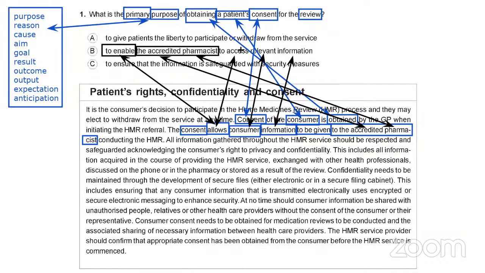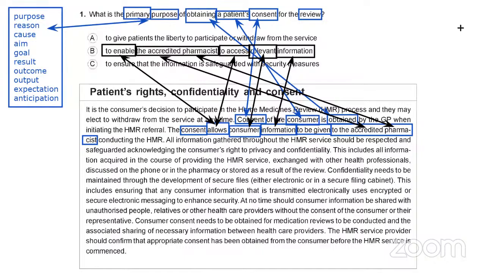To access means allow. Relevant information, consumer information, relevant to that particular consumer. That means the patient. If it is necessary, whichever is necessary, that is relevant.